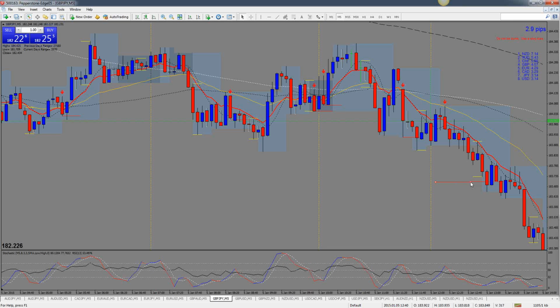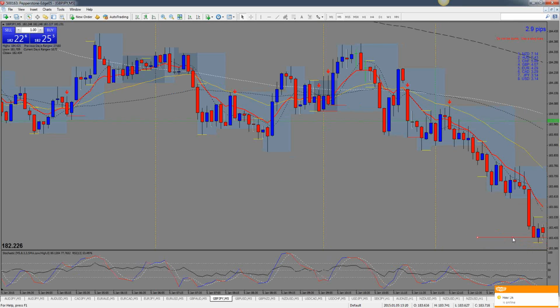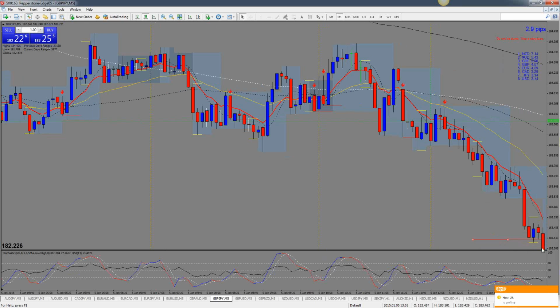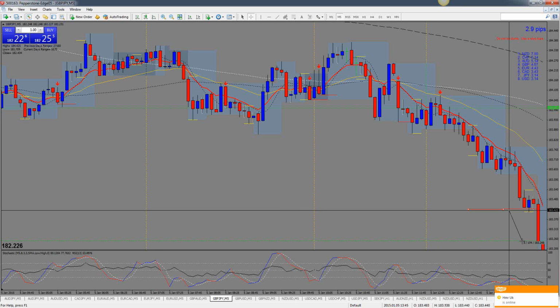Anyways, there's my entry, and boom, good to go. Now there's the big number right there, so that was 17 pips. Okay. So that was a solid trade.